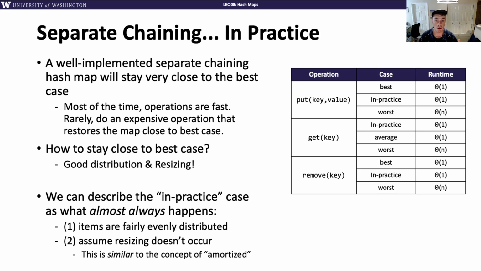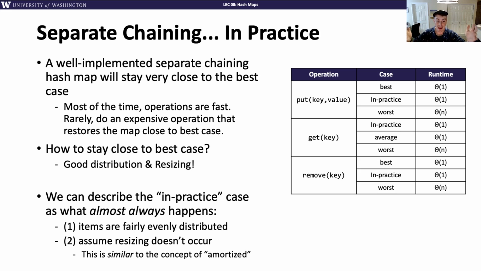Remember, in order to do algorithmic analysis, we separated that process into 2 separate steps: code modeling, which includes case analysis, and then asymptotic analysis on top of that. What I'm arguing here is that this in-practice case is just a different case we can analyze. This in-practice case is basically our best case, but just one that we're going to end up seeing in practice quite frequently.